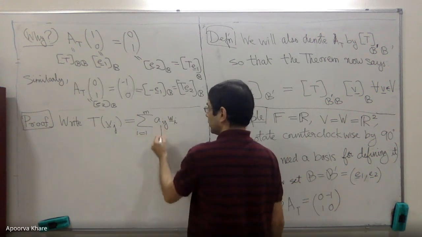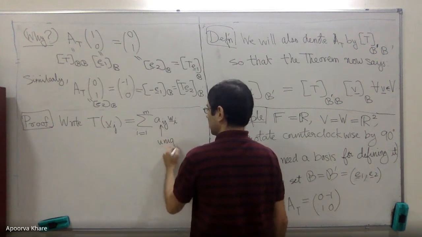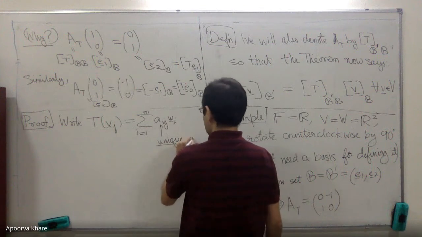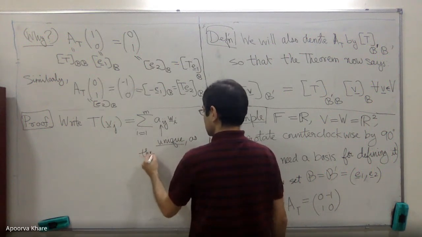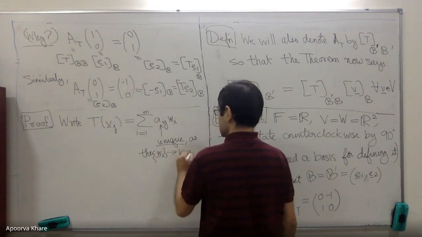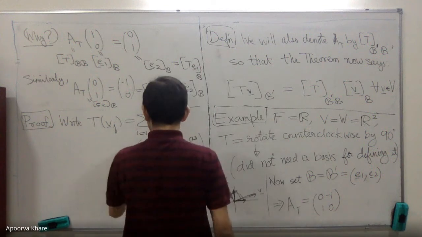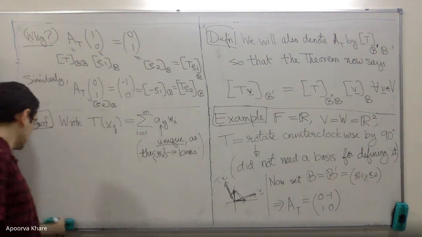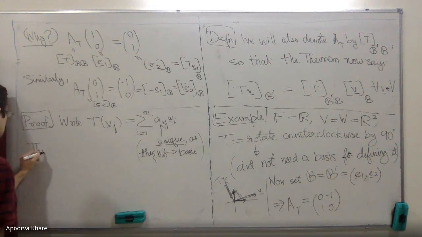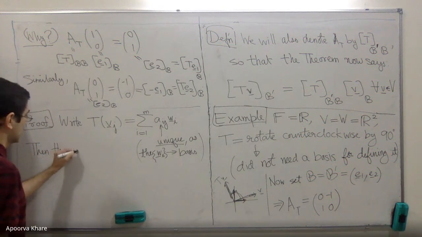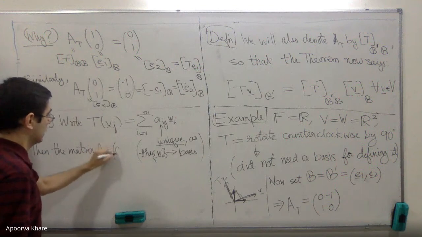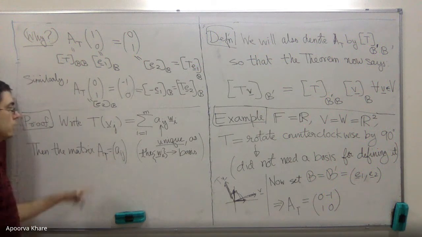Okay. So now the point is these coefficients are of course unique because the Wi form a basis. Once these are unique, then I have my matrix A. So what is the dimension?